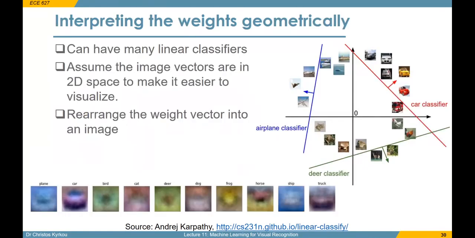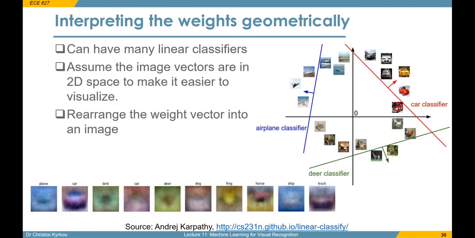So when you have multiple linear classifiers, this is what it basically looks like. The weights can also be viewed as a template for each of the classes. And it's interesting to see, for example, the sheep class.